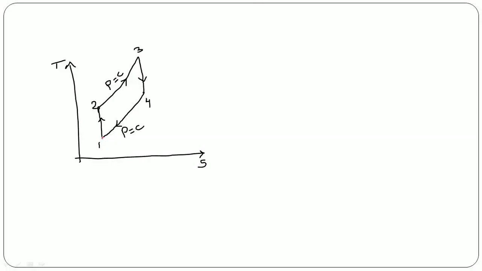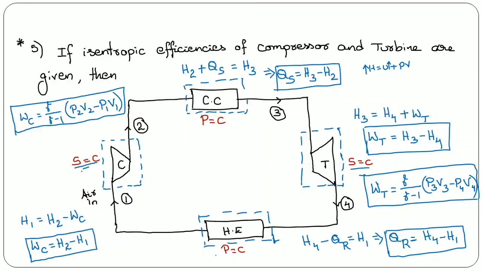That means there will be an increase in entropy during compression, as well as an increase in entropy during expansion from 3 to 4 dash like this. So if isentropic efficiencies are given, the process during compression as well as expansion will no more be isentropic.